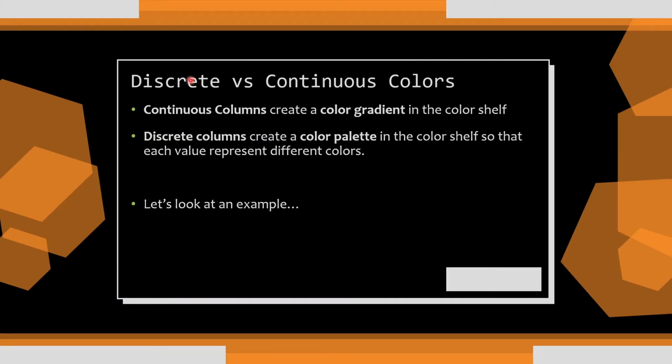The way discrete values and continuous values affect color is different. Continuous columns usually create a color gradient in the color shelf, and discrete columns create a color palette in the color shelf so that each value represents a different color. Let's take a quick example of this.